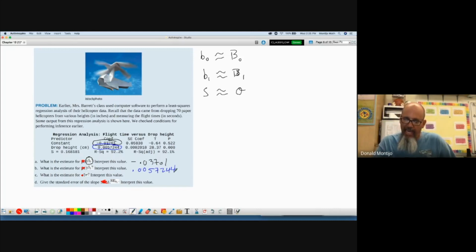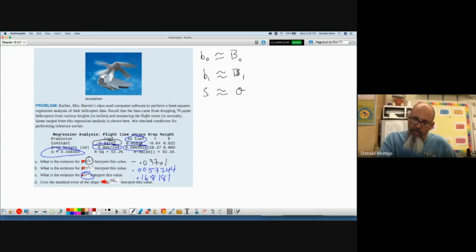How do I estimate sigma? I use S. So this is going to be the easiest part of this whole chapter. When they ask us these questions, all we do is say B sub 0 estimates beta sub 0, B sub 1 estimates beta sub 1, S estimates sigma. And the standard error is always found here, but we want the standard error of B sub 1, which is the slope.